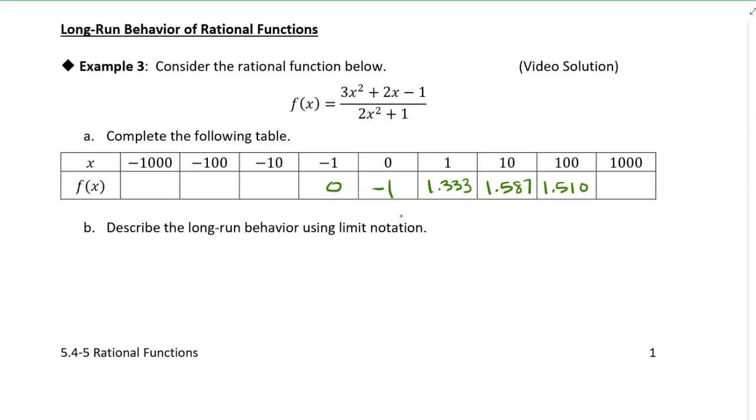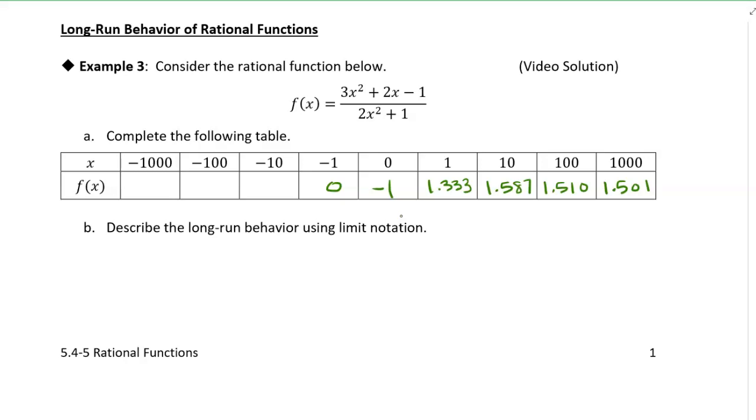And when I put in 1,000, I got 1.501. Again, these are all just rounded numbers. But it looks like the value is getting closer and closer to 1.5. And if you put in a million into x and calculate, you would see that it is truly getting closer to 1.5.